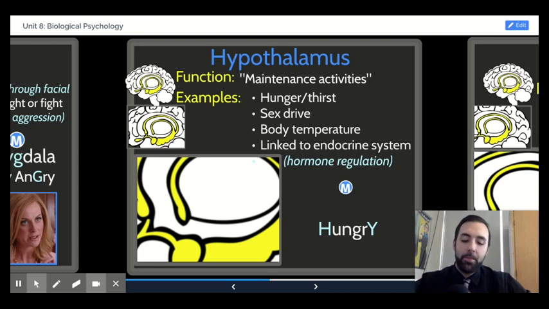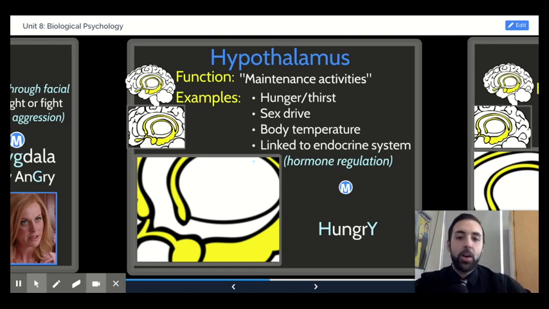And then although the hypothalamus is part of the brain, it is closely linked and is often considered part of what's called the endocrine system. The endocrine system is a topic that gets its own essential task later in this unit, but the endocrine system is a term that we use to group together all of the glands in our body. Glands function like the sex glands, or like the pituitary gland, or like your adrenal glands.